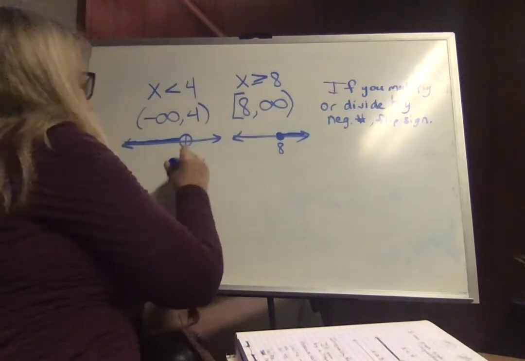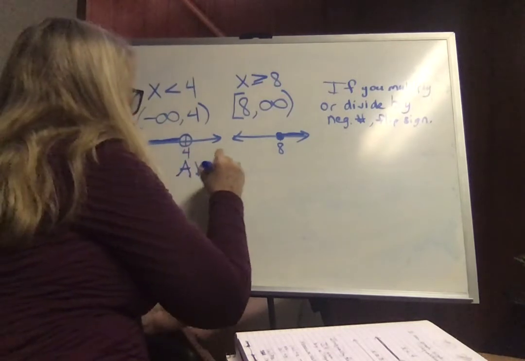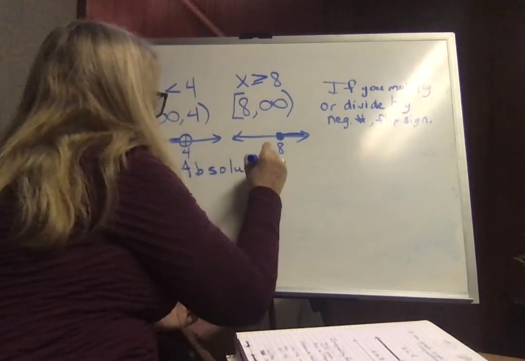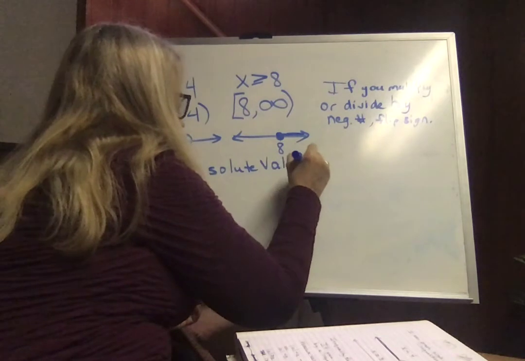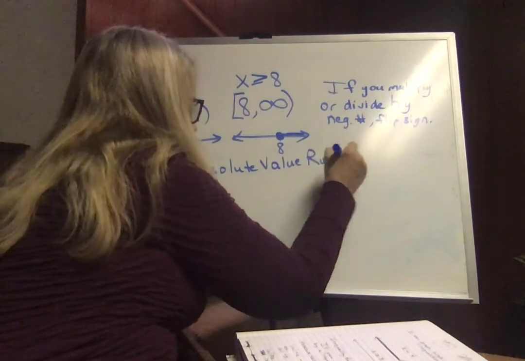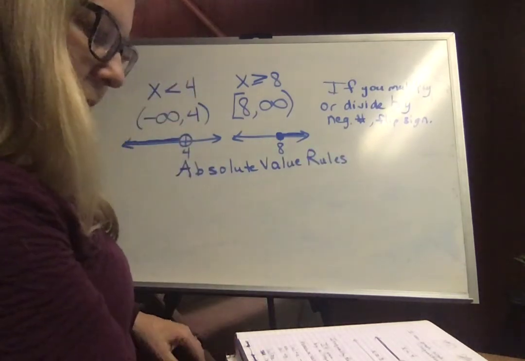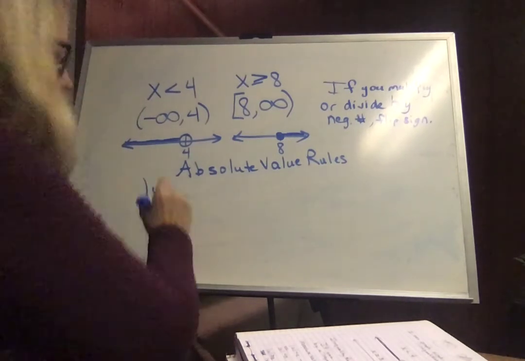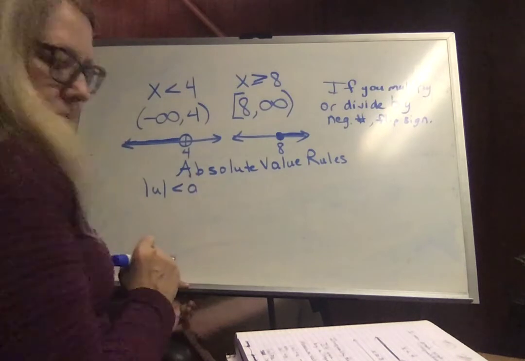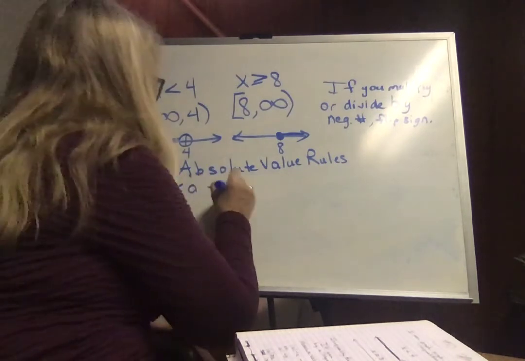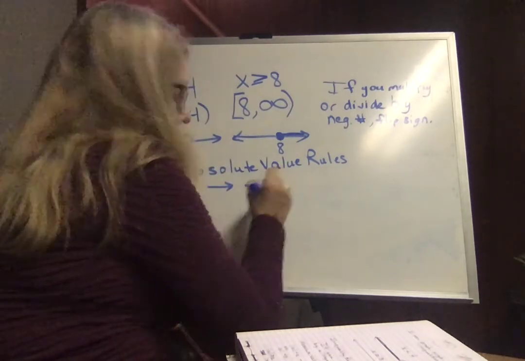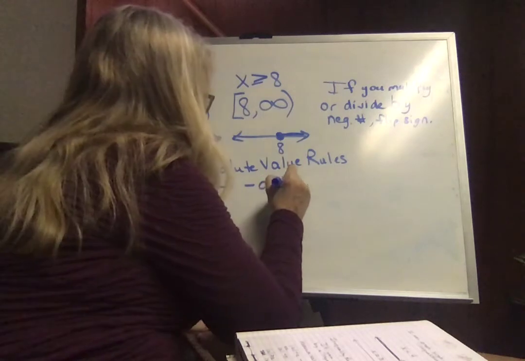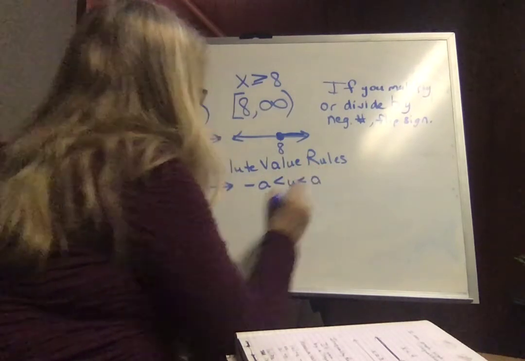We also need to look at absolute value rules. So, if we have the absolute value of u less than a, it ends up negative a less than u less than positive a.